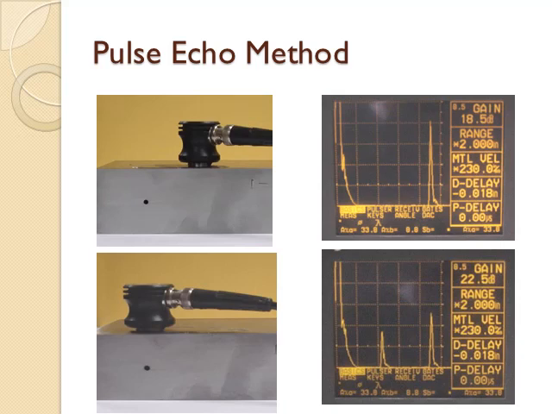For example, if the reflected pulse B is the same as the transmitted pulse, which we already named pulse A, then it indicates that there is no defect in the specimen.